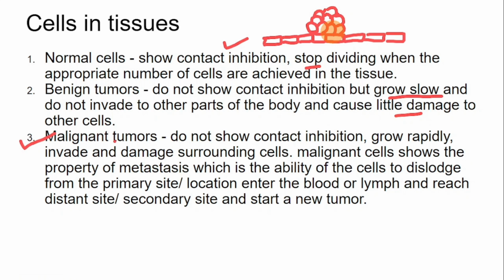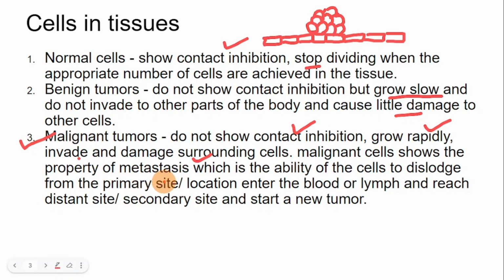Cancer is the actual state in which the cells start to proliferate uncontrollably and move to other areas in the body. So they show lack of contact inhibition, they grow rapidly, and they invade and damage surrounding cells. And they acquire the property of metastasis.